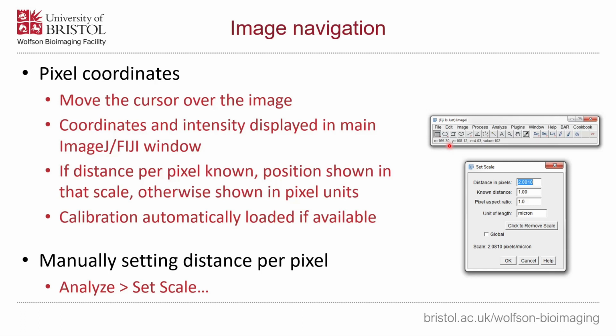But if you know what the real distance per pixel is, you can set this by going to Analyse, Set Scale, and then you get this window here. You just enter a known distance in pixels and the known physical, real world distance, and you can also put in the units. You can type in 'um' and ImageJ will recognize that you mean microns and change it to the correct Greek symbol.